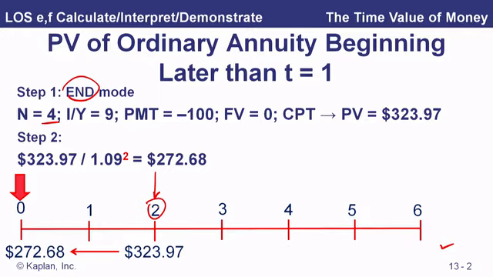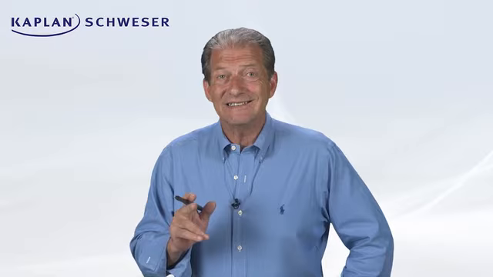Step 2 is to take that time 2 value of $323.97 and discount that for 2 more periods to get that time 0 value, that present value. So we used our present value of an annuity tool to get the time 2 value of those 4 payments, and then discounted that back 2 periods at 9% to get the present value.